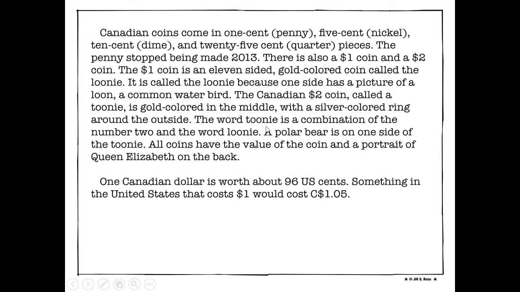The word toonie is a combination of the number 2 and the word loonie. So there's your $2 coin. A polar bear is on one side of the toonie. All coins have the value of the coin and a portrait of Queen Elizabeth on the back.